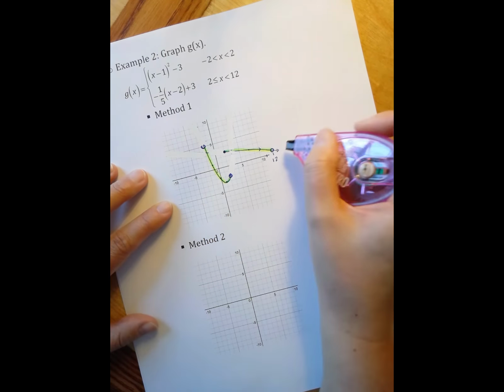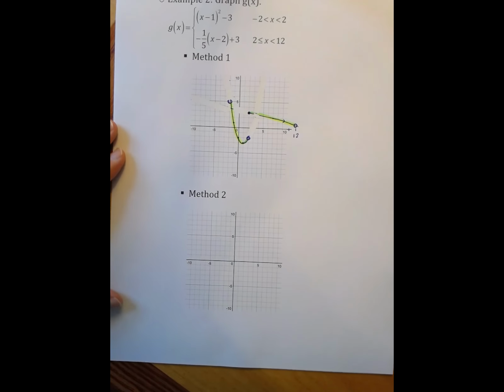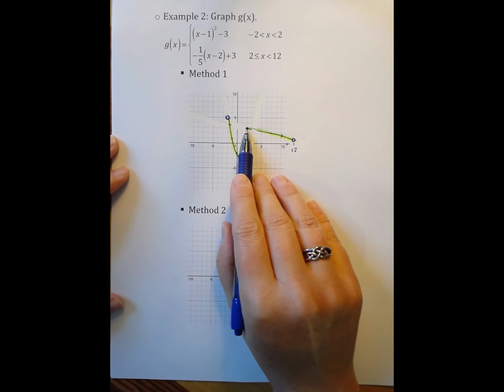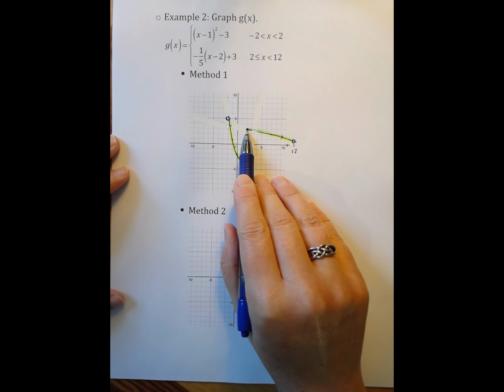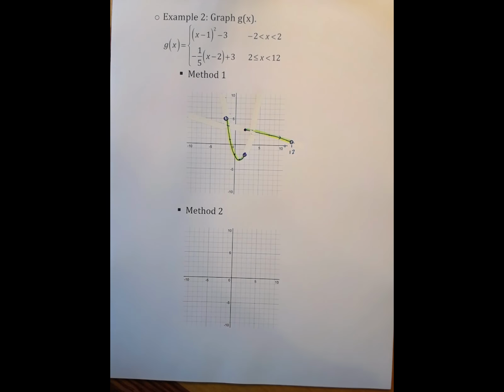Again, so much easier with a pencil. But now I can see that piecewise function. It's got the two pieces, it's got the parabola piece, and it's got the linear piece, and that's what it should look like in the end, with open circles on the two ends of the parabola piece, closed on the left-hand boundary of the linear piece, and an open circle on the right-hand side.